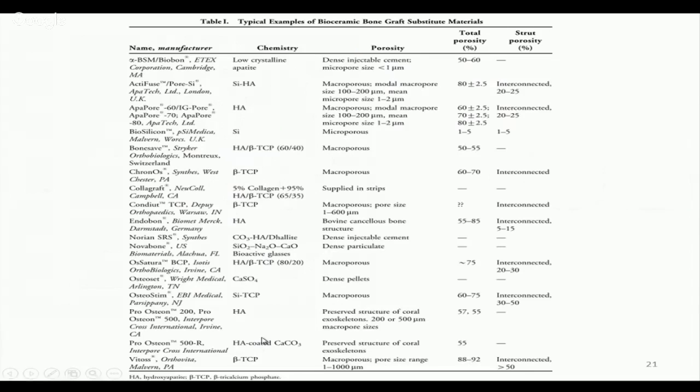You can see these implants are mostly made porous, with a pore size of 100 to 200 micron, and 1 to 600 micron macroporous, because of tissue ingrowth, tissue adhesion, and biological fixation. So the same concept is used again and again.